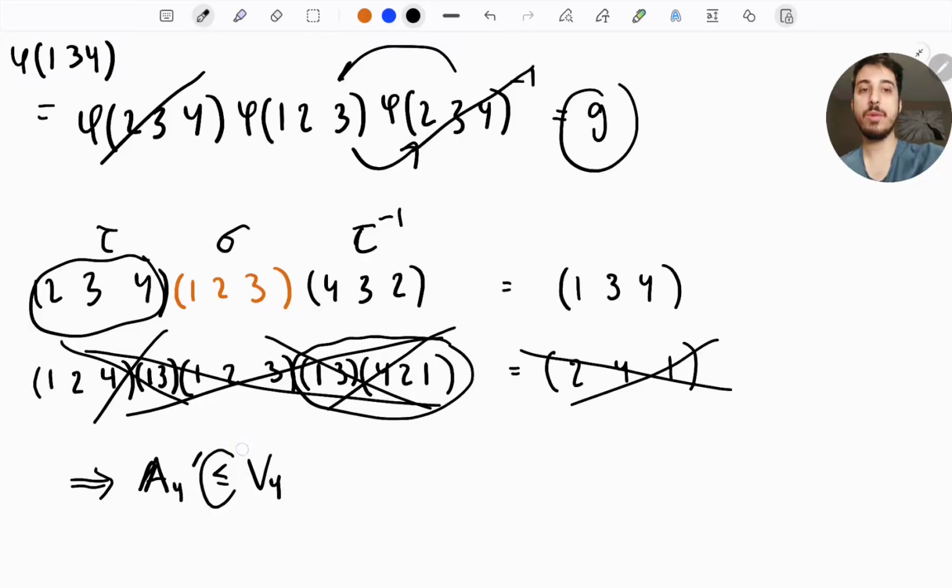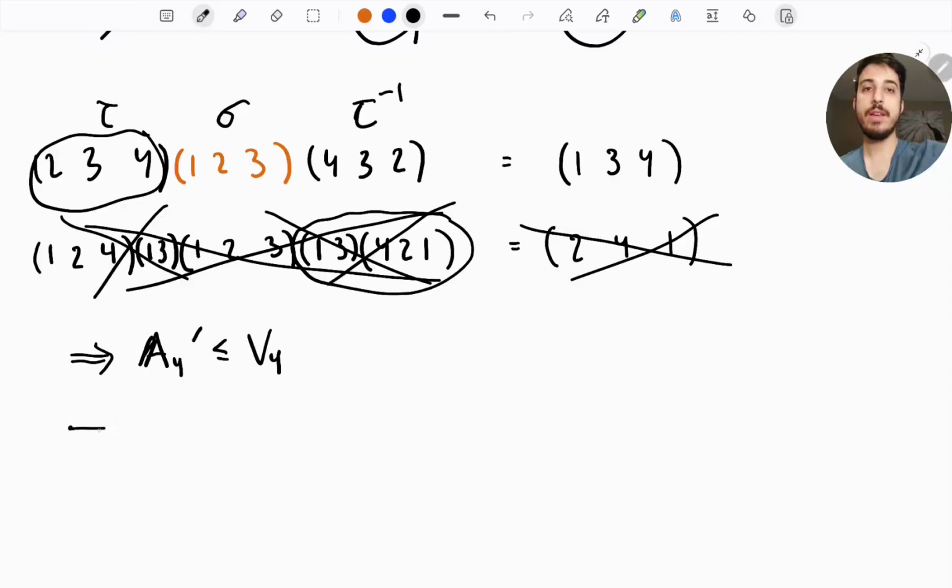So we even got more than we wanted. We wanted it to be just a subset, but we got a subgroup of V4. And now we can say that the commutator subgroup of A4 is exactly equal to V4 by the double inclusion, completing the proof of the third part of the proposition.